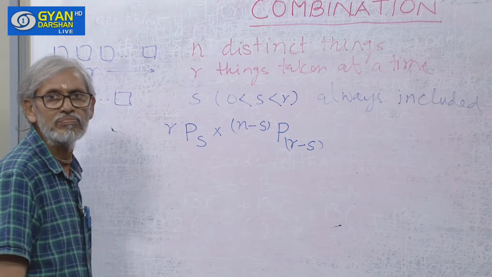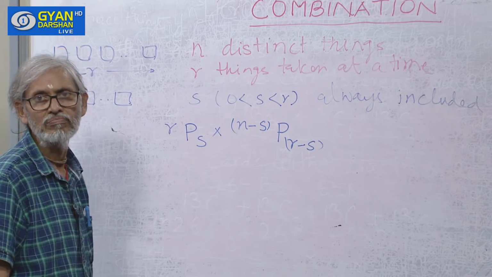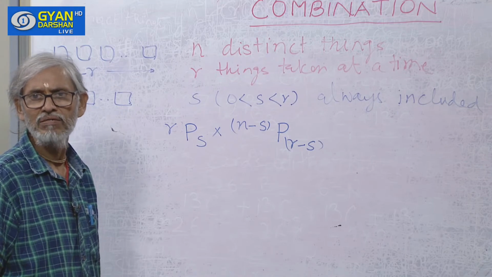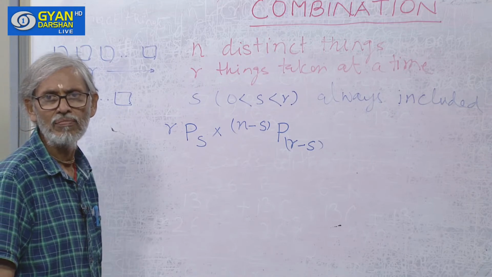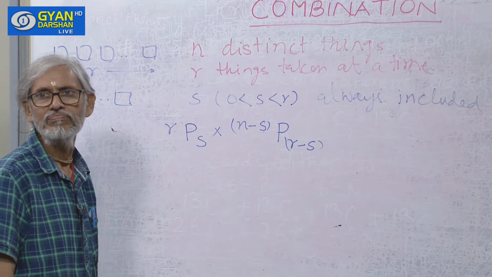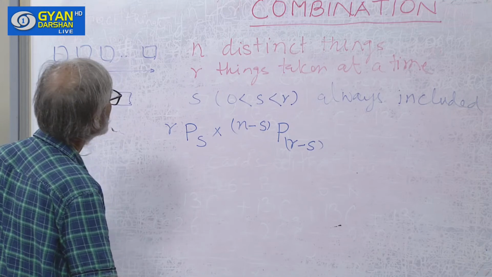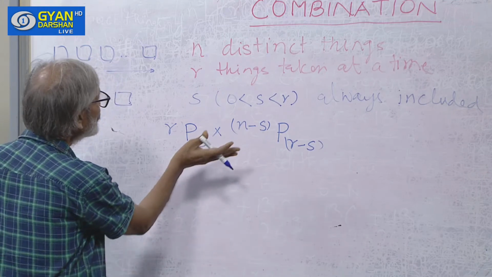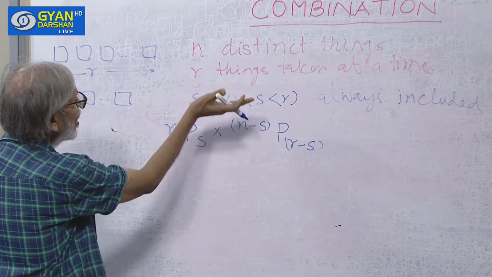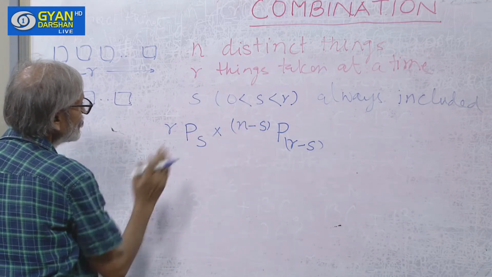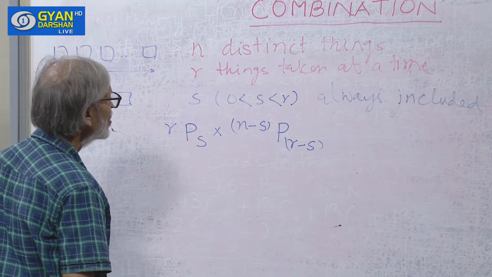This is the formula when s things we have to include necessarily. This is how we can do it.